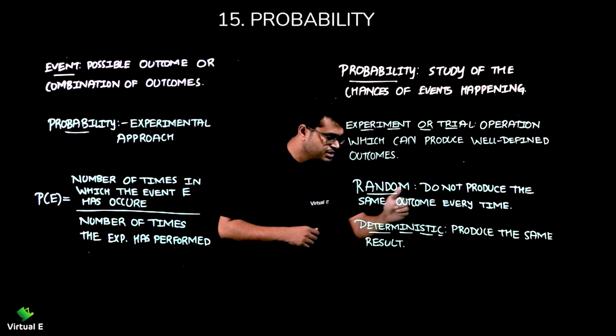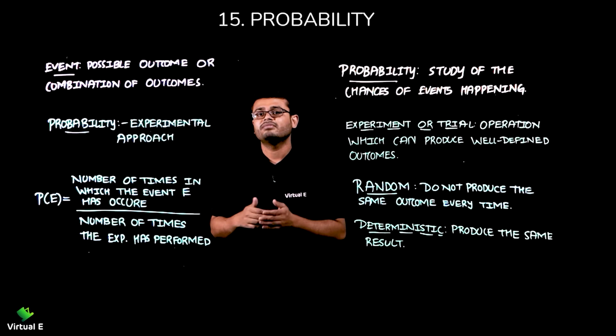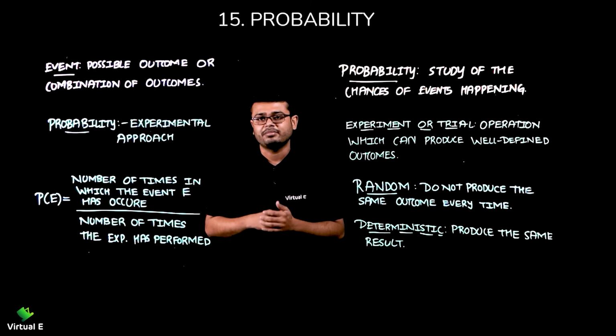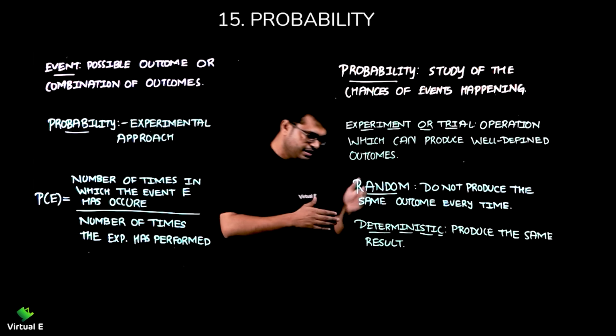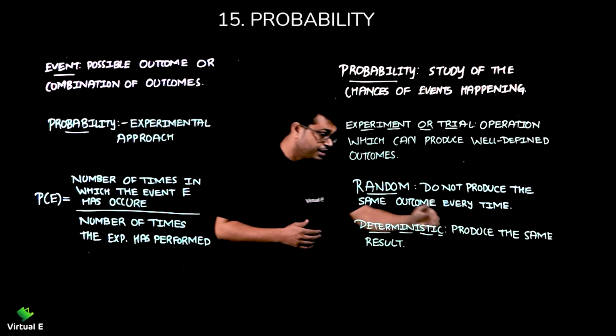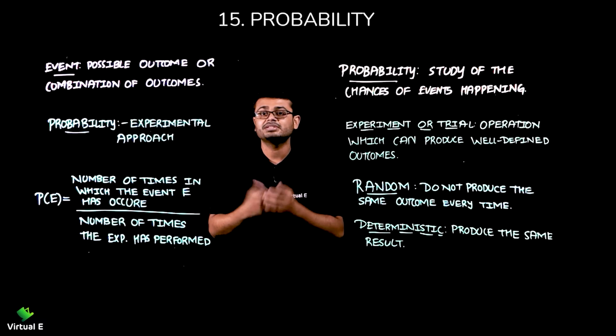Do not produce the same outcome every time. Every time you toss the coin, outcome will be different. So, that's about the random experiment whose outcome is not decided, while deterministic experiment or trial is completely opposite, produce the same result, right? However you try it, but the result will be same only.